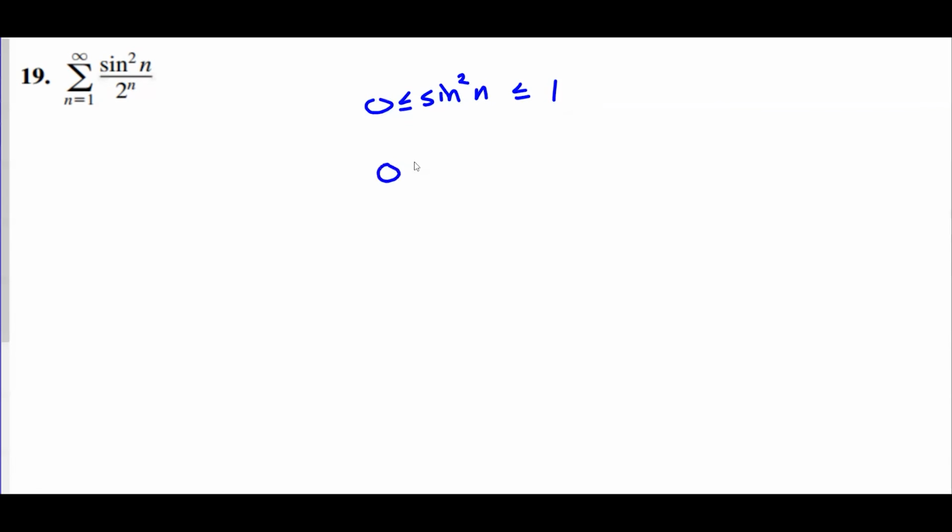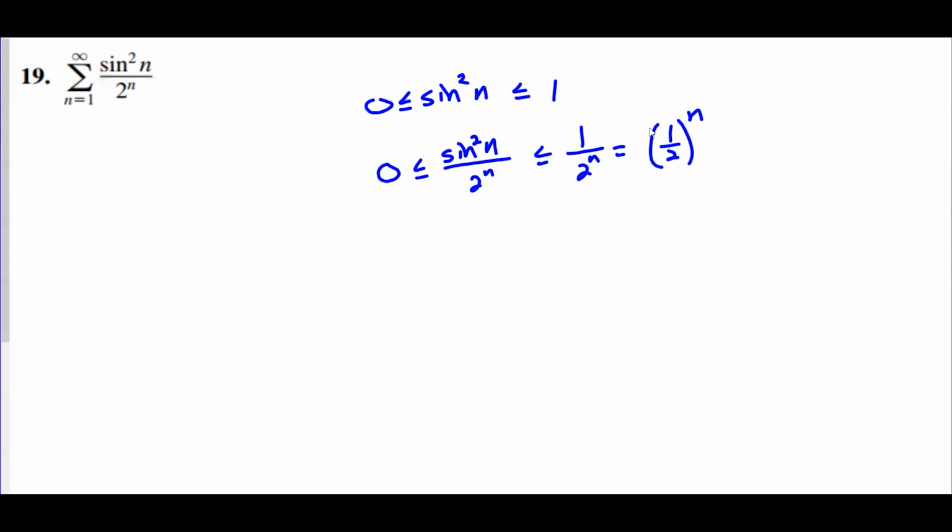So if I divide these by 2 to the n, this is like the squeeze theorem, right? I mean, all of this comparison stuff is like the squeeze theorem. If I divide by 2 to the n, 1 over 2 to the n is 1/2 to the nth power, because 1 to the n is 1.